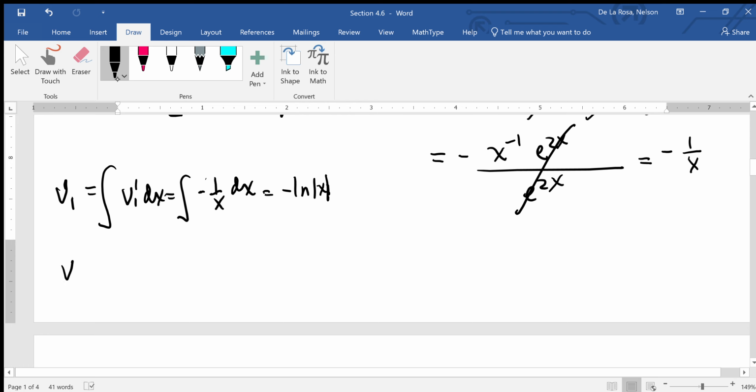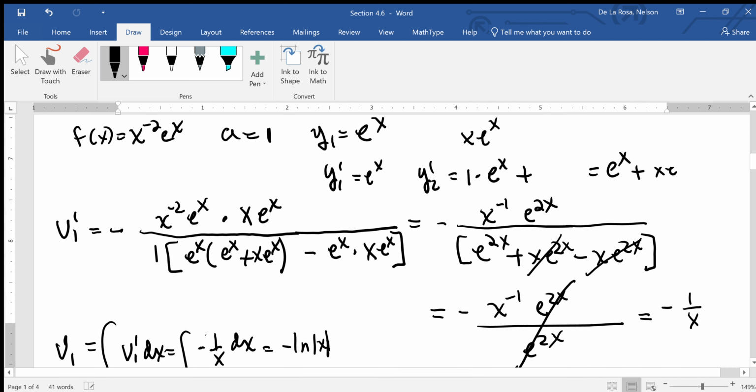Now in the same manner we have to find v2 prime.